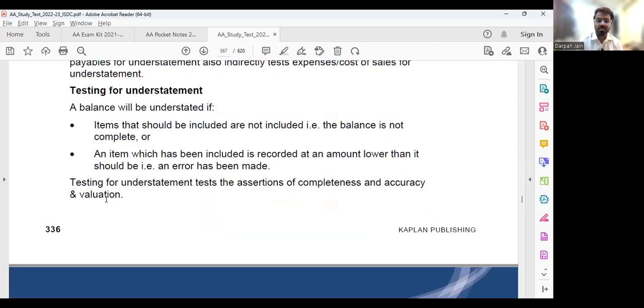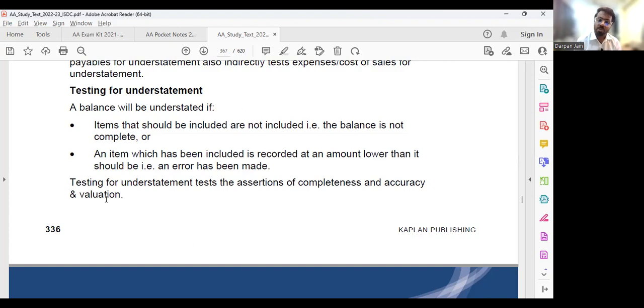Testing for understatement. A balance will be understated if items that should be included are not included, right? Items which should have been included, they are not included. That means the balance is not complete. Or an item which has been included is recorded at an amount lower than it should be.